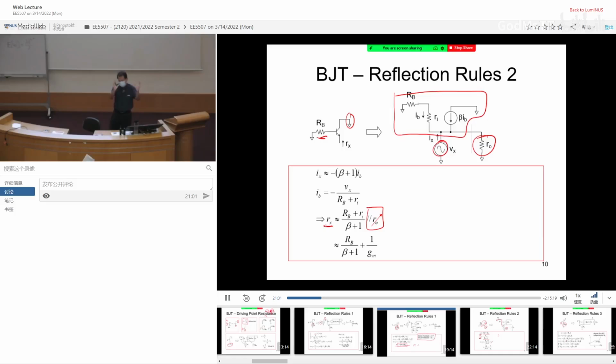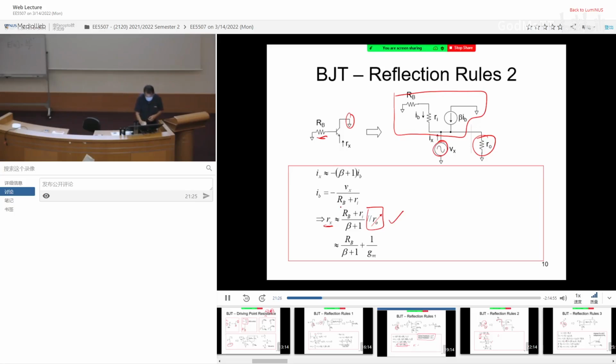The top portion, quite complicated. But R0 is just parallel to Vx. So whatever you can find for the top portion, let's say there is an equivalent resistance, that equivalent resistance is going to be in parallel with R0. And these two combined will give you what you see for the driving point, which is this result over here.